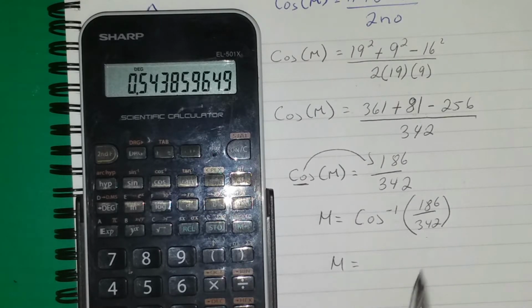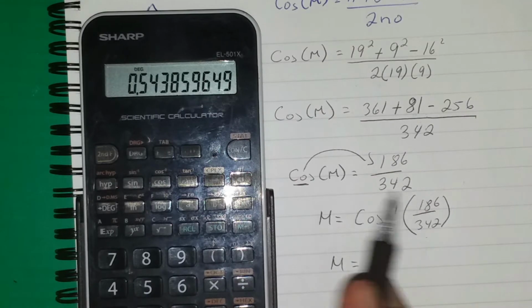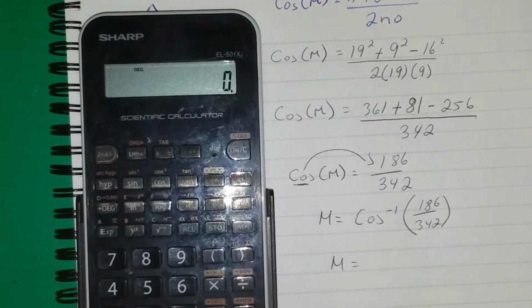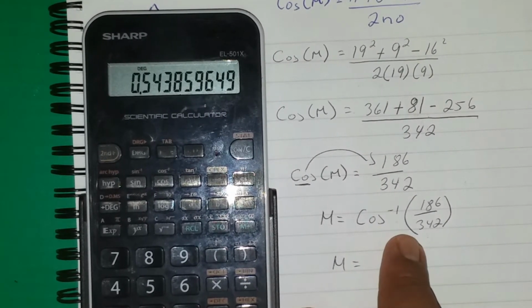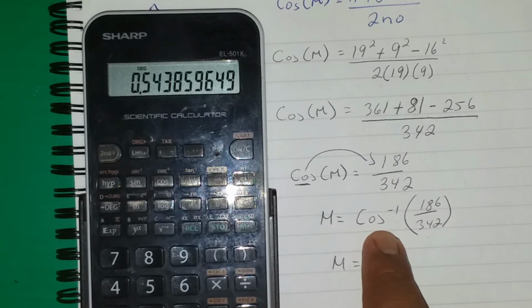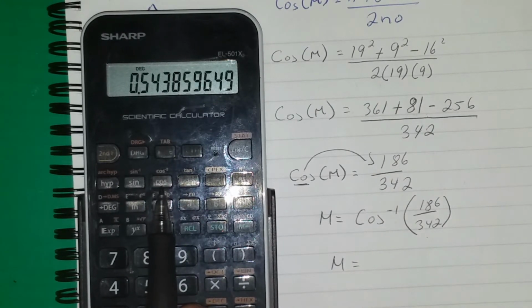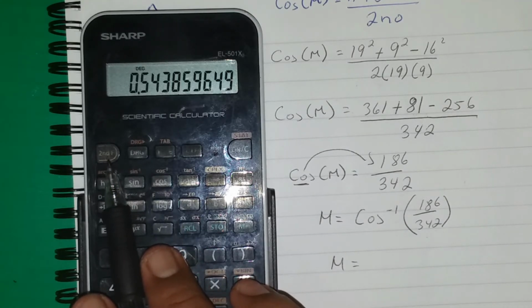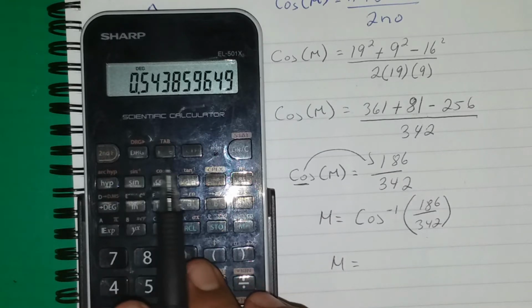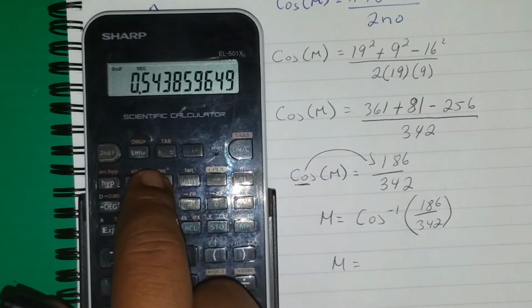If we have that, then we enter that in our calculator. It's going to be 186 divided by 342. I get that answer there. And then how do I get the arc cosine? Notice that right here the button says cosine, but above it it says arc cosine. Now I just make sure that it corresponds to whatsoever I have. If it corresponds to shift, you press shift. If it corresponds to alpha, you press alpha. But in this case I just have second function, so I will put second function cosine.